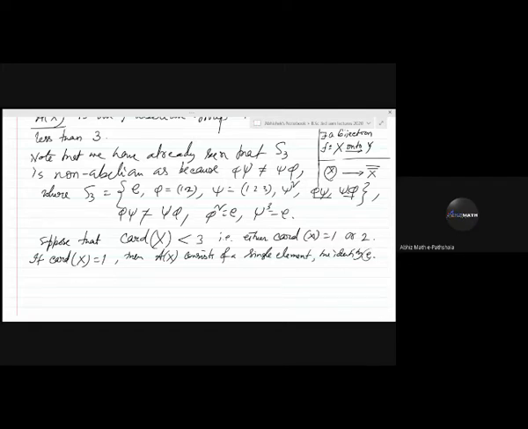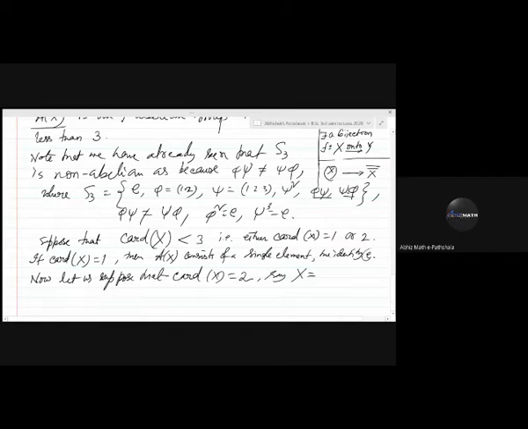Now let us suppose that the cardinality of X is 2. In particular we can take any set of two elements, because each of them has the same cardinality, so they are sitting in the same equivalence class.